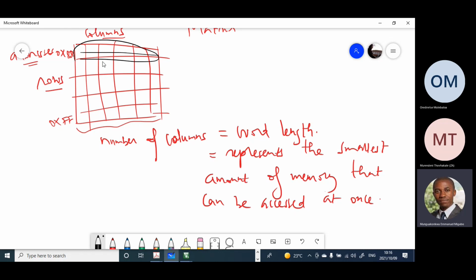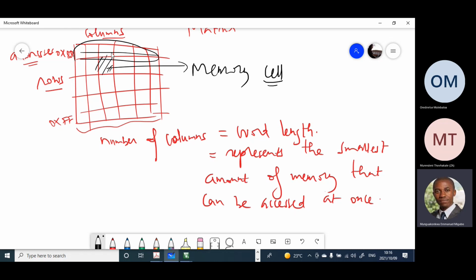One element of the matrix representing memory is what we call a memory cell. So the number of columns in one specific row is what we call the word length, and that is the minimum number of cells we can access at the same time.